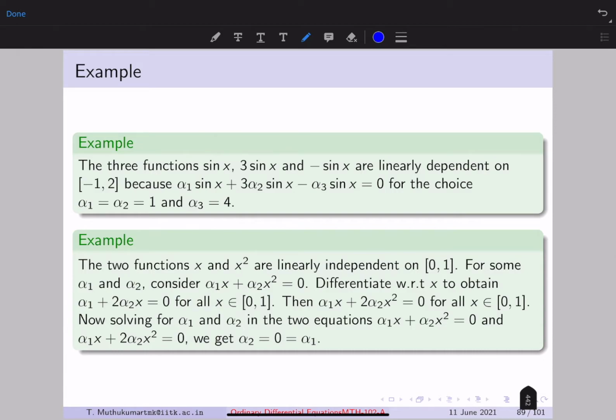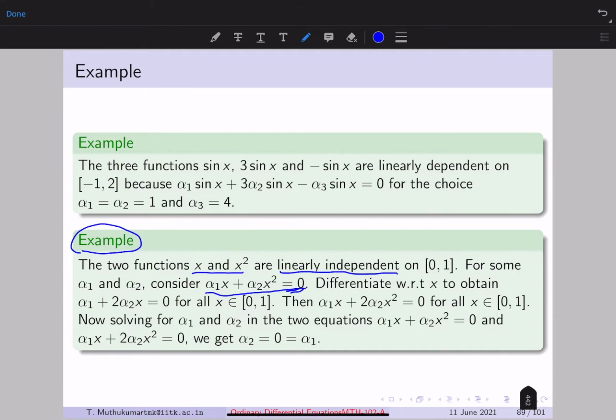If you recall this example here, we had to show that x and x square are linearly independent. And how did we show it? To show linear independence, we look at this linear combination with alpha 1, alpha 2, and we have to show that if this linear combination is equal to 0, then alpha 1, alpha 2 should be 0. And how did we show this?